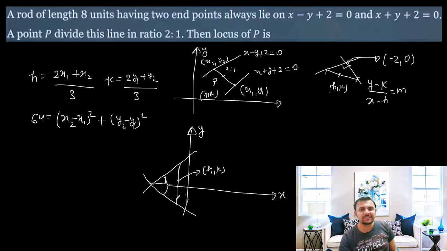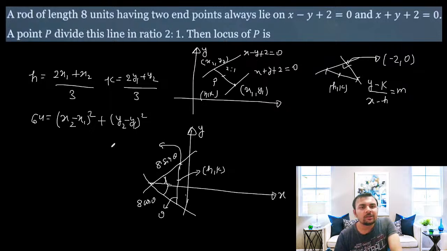If we consider this theta, this is 8 sin theta, 8 cos theta. So this point will come out to be minus 2 plus 8 sin theta by root 2, and this is 8 cos theta by root 2.